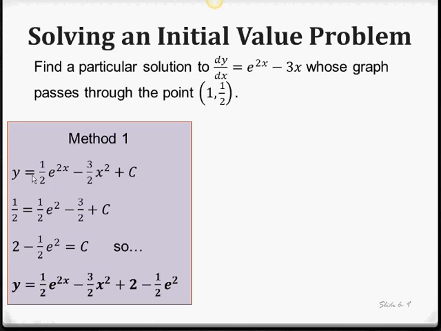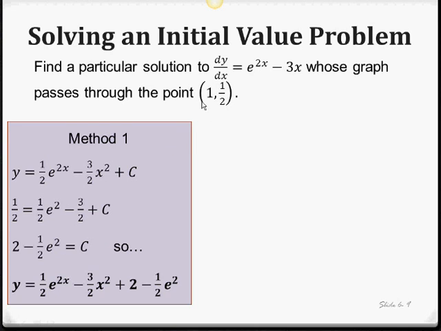So this 1/2 just counteracts the derivative, because the derivative of 1/2 e to the 2x would be 1/2 e to the 2x times 2, and my 2 and my 1/2 would cancel to become e to the 2x. Minus then 3/2 x squared. That derivative is 3x: I take my x and raise the power, so x squared, 3 divided by my new power, plus c. Don't forget your plus c.